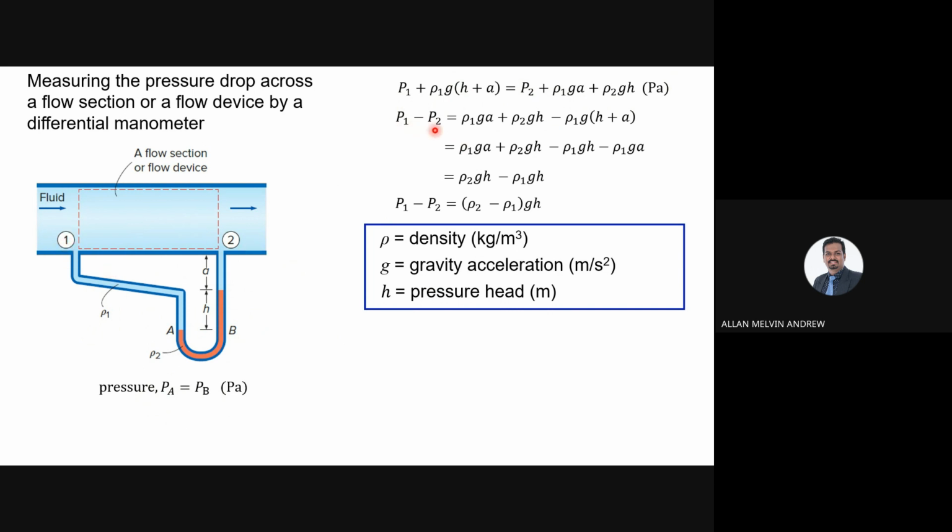P1 minus P2: you rearrange, and after you solve it, at the end you get P1 minus P2 equals (rho 2 minus rho 1) g H. So the difference between point 1 and point 2 depends on density 2 minus density 1 times gH. A does not have any effect, and gravity does not change anything, but the density has an effect on the pressure.